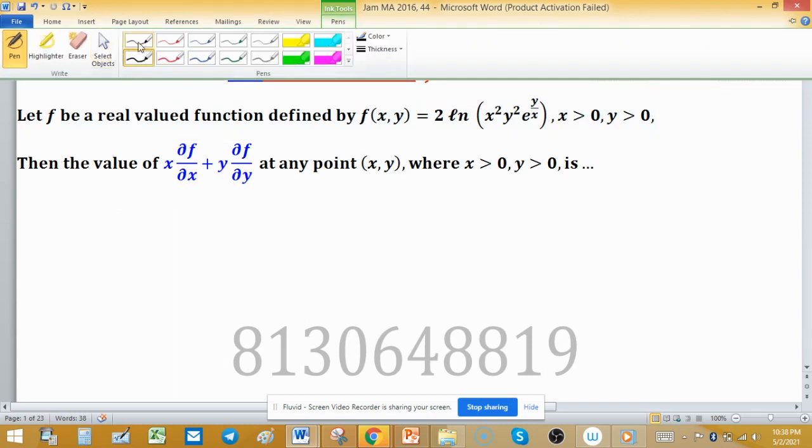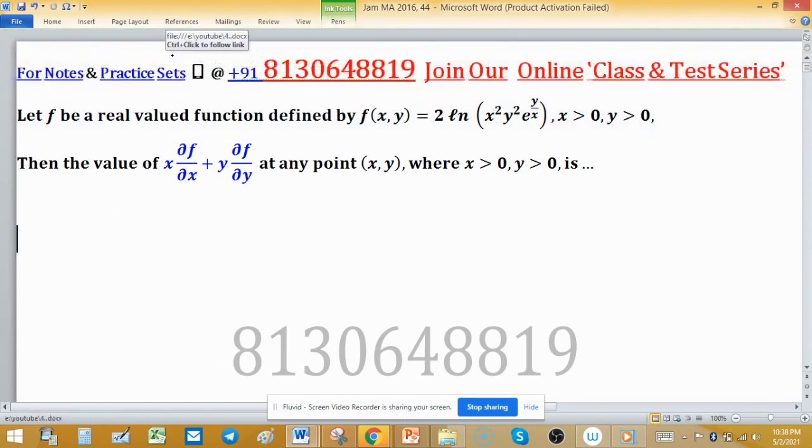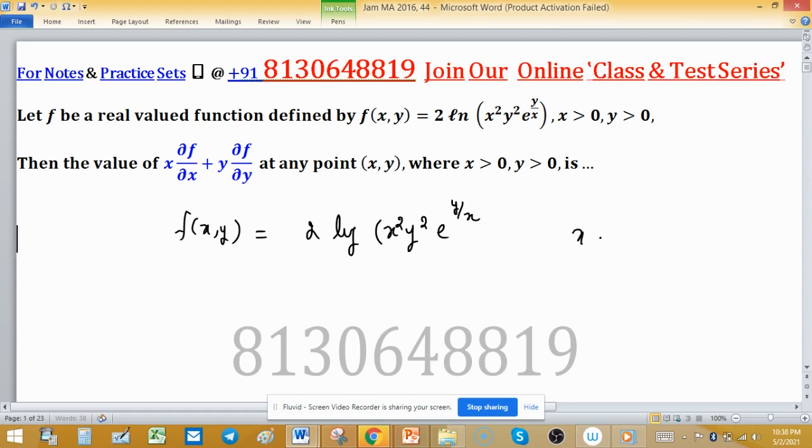But this is not the advanced method to solve this problem, as the purpose of asking this problem is to check whether you have problem solving skill or not. As f is a function, x y is given to us, 2 log of x square y square e raised to the power y upon x, where x and y are positive.